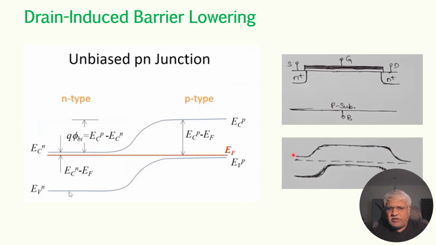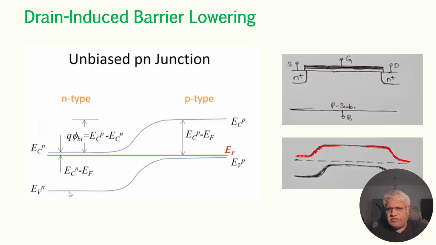Because we are now talking about the NMOS transistor, we will talk about how the conduction band will be, because that is the one which will play a major role, as NMOS is determined by the electron flow.